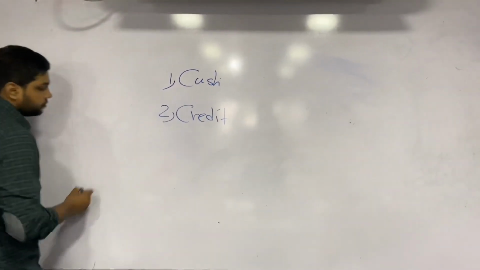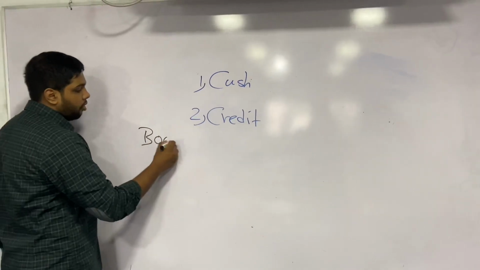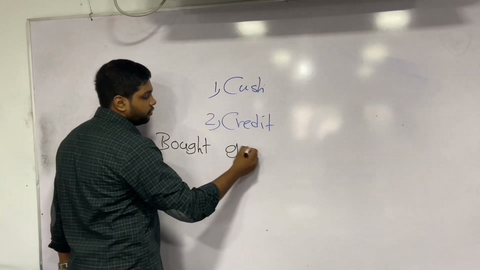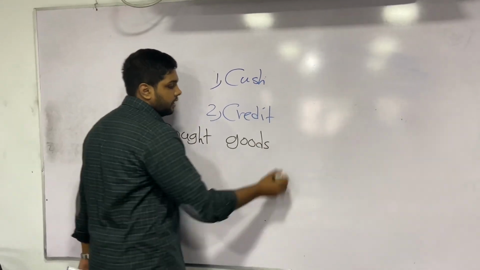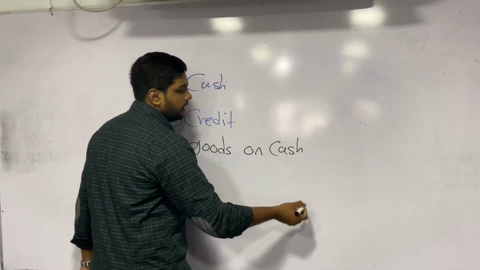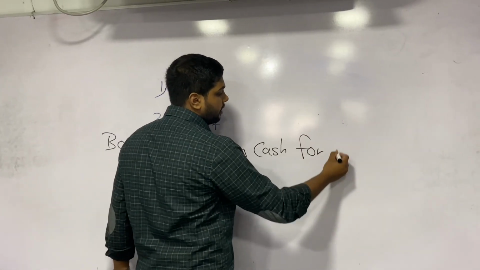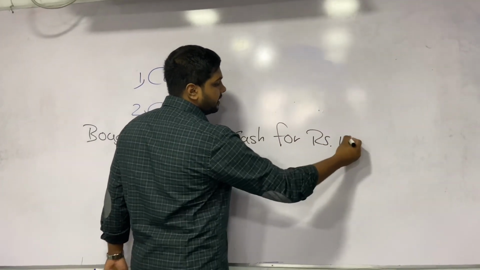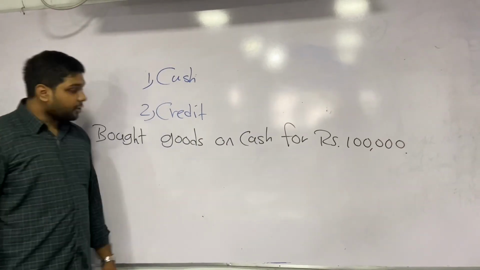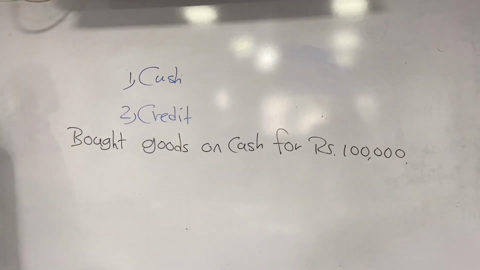I'm writing: bought goods on cash for 100,000 rupees. I'll repeat again: bought goods on cash for 100,000 rupees.